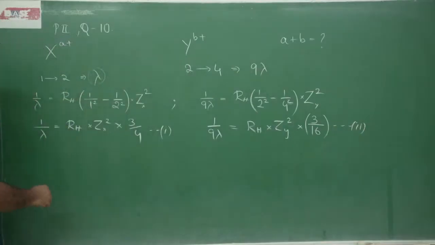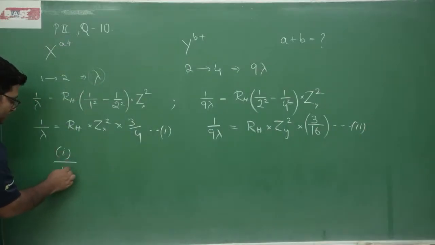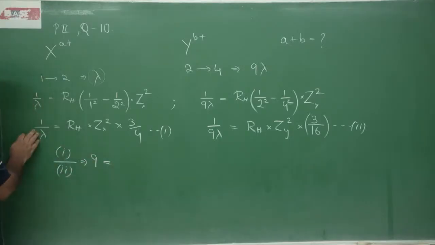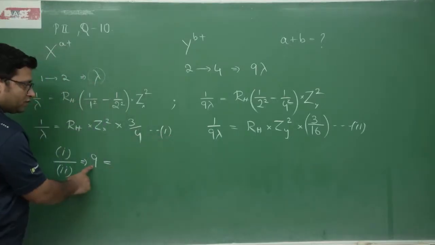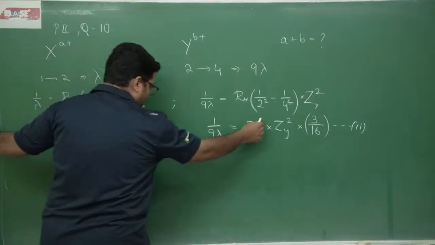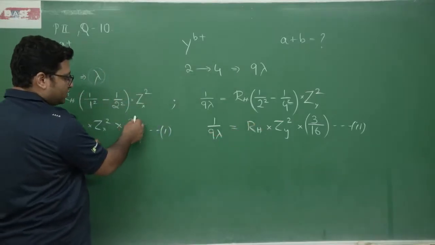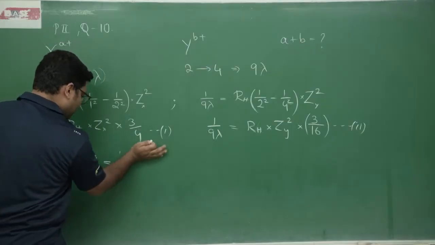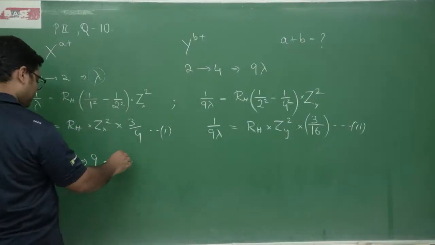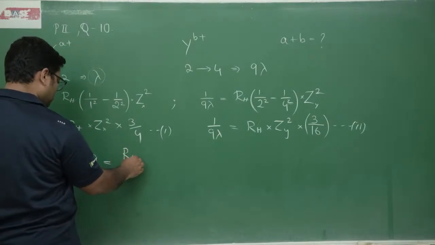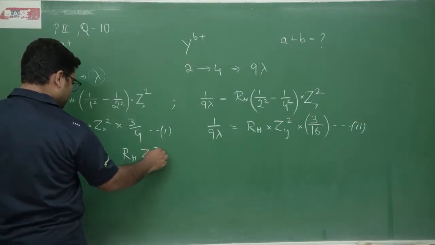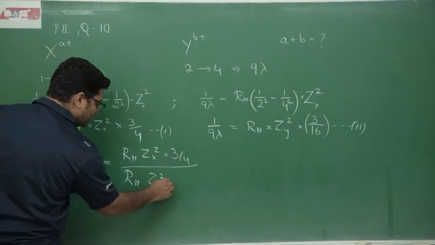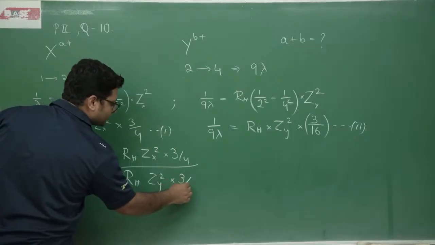So dividing the first equation by the second equation, you get 9 on the LHS: 1 over lambda divided by 1 over 9 lambda, that will be equal to 9. On the RHS, RH Zx square into 3 by 4, whole divided by RH Zy square into 3 by 16.